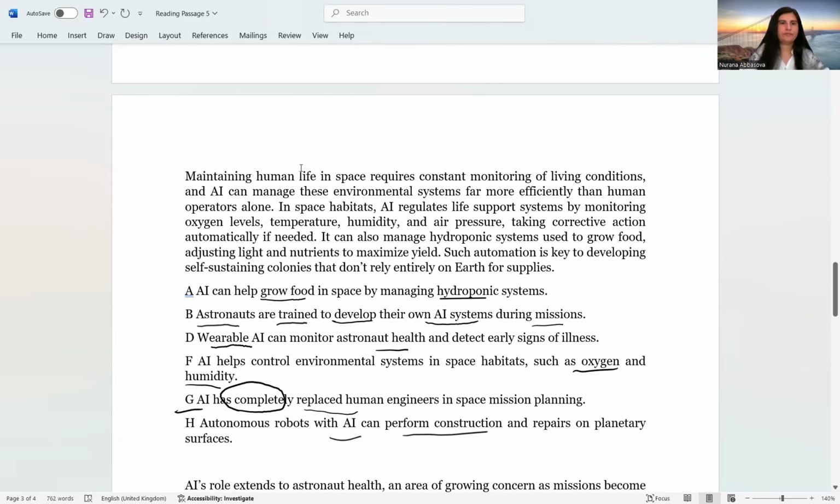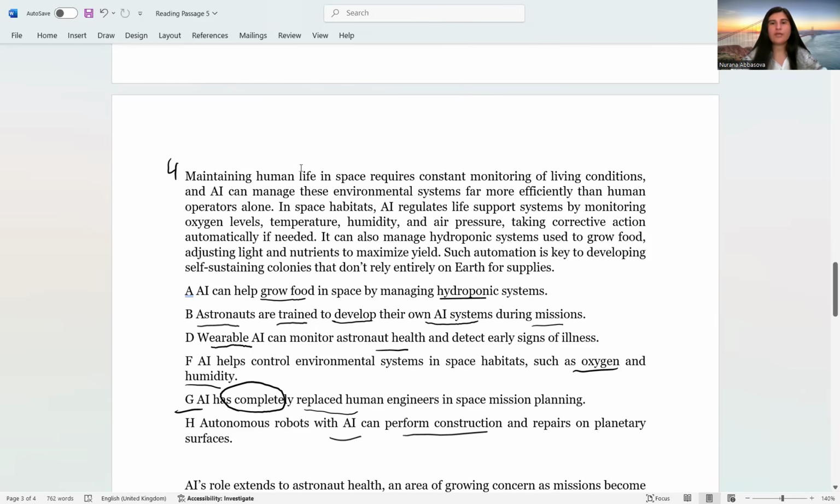Maintaining human life in space requires constant monitoring of living conditions, and AI can manage these environmental systems far more efficiently than human operators alone. In space habitats, AI regulates life support systems by monitoring oxygen levels, temperature, humidity, and air pressure, taking corrective actions automatically if needed.